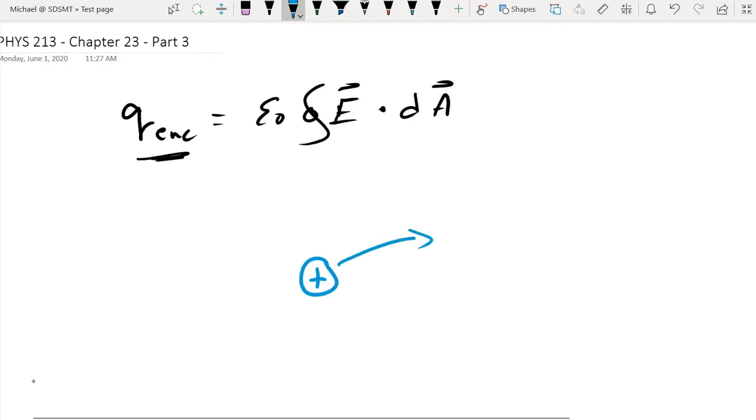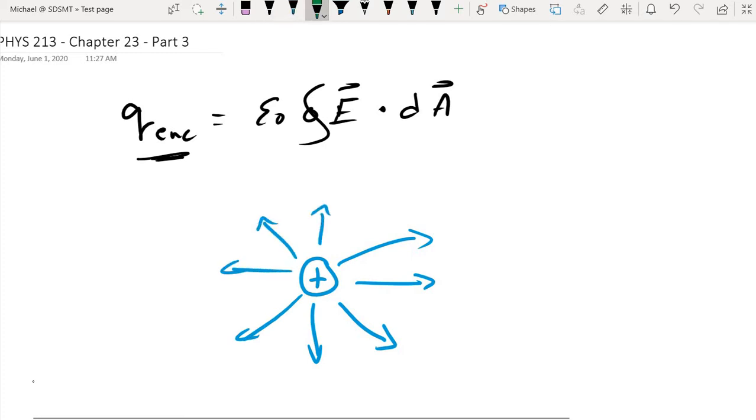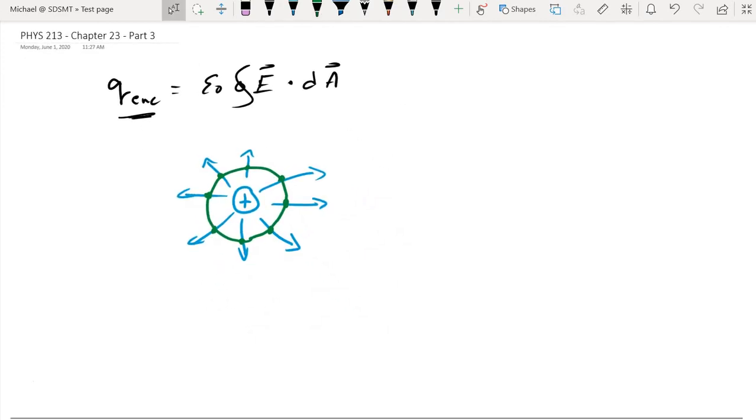And not only that, the way that we've been using Gauss's law to define the electric field in any given system is in such a way that we've always had uniform field magnitude at all points on the surface of our container. And there are going to be some instances where we don't have uniform electric field.